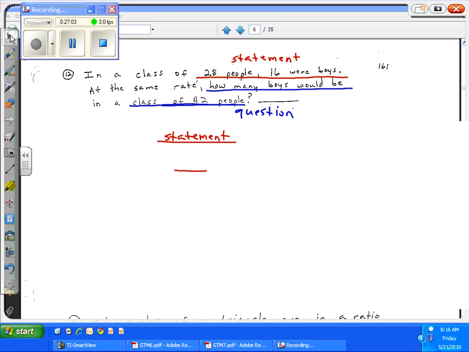We said we have a statement ratio. And then we had a question ratio.